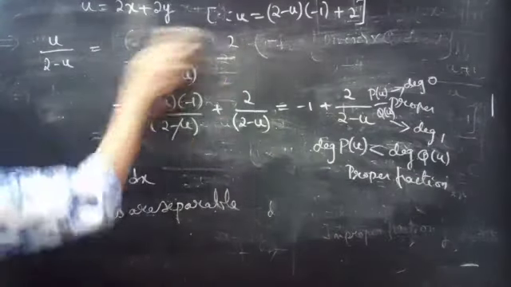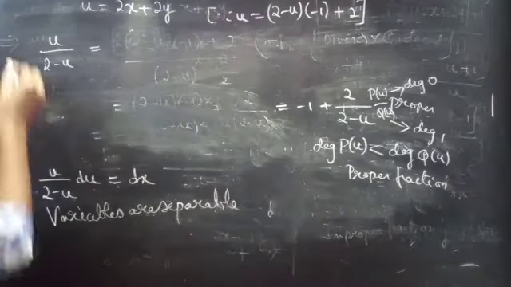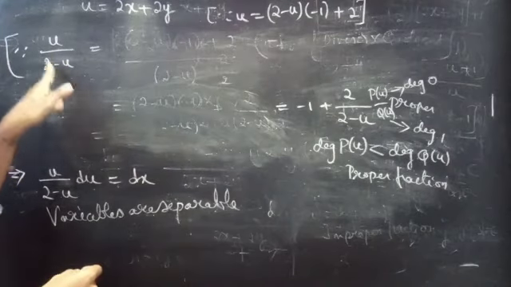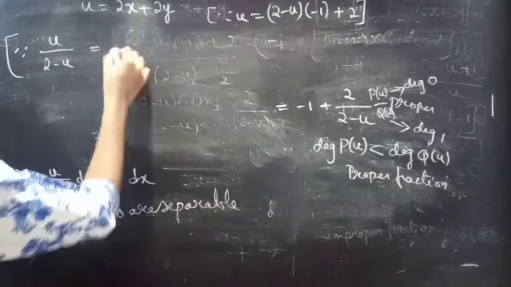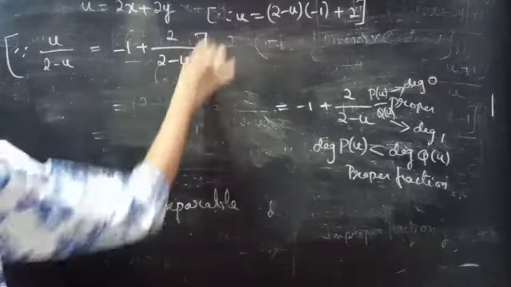So now we can replace (u minus 2) by (2 minus u) equals minus 1 plus 2 by 2 minus u.